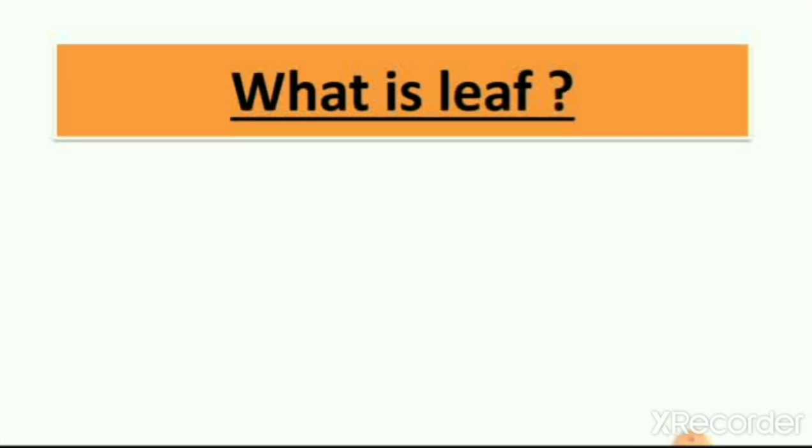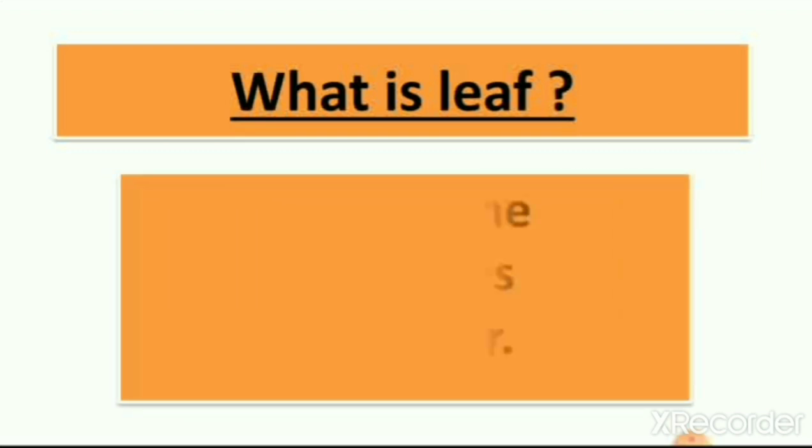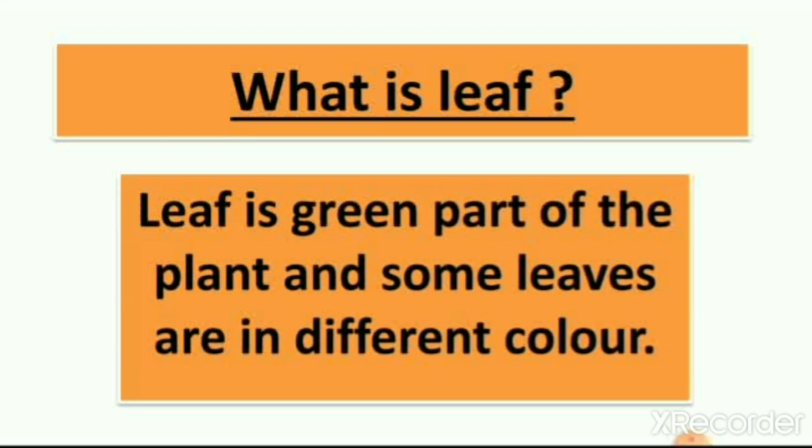You can see. Now what is leaf? Now we learn what is leaf. So here I tell you that leaf is a green part of the plant and some leaves are in different color. You can see in further pictures that some leaves are in different color.